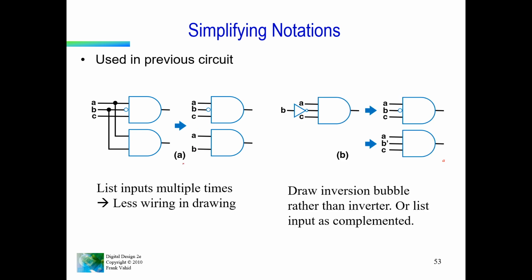And the second simplification is, as I said, instead of using inverters, we can put just circles behind the AND gate so that we know that B prime is connected to this AND gate. Or even, instead of using this circle, you can write here B prime so that we know that this is the inverted version of B.